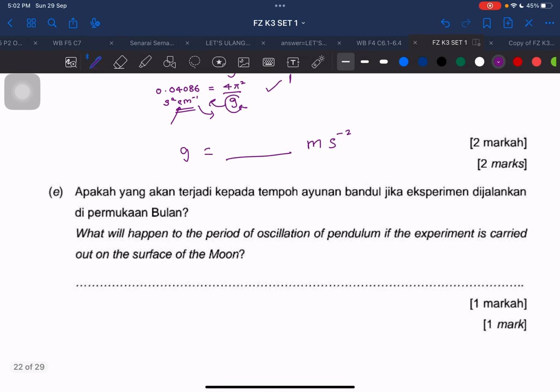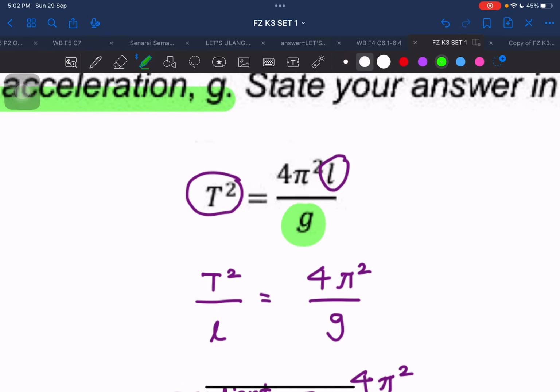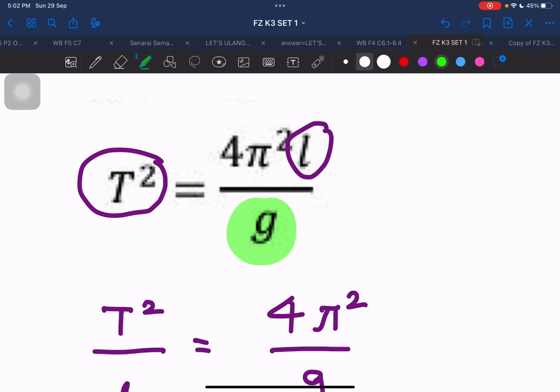Alright, next question. This is the last question. What happens to the period of oscillation of the pendulum if the experiment is carried out on the surface of the moon? For this question, you can use this formula to predict. Normally there is a prediction question like this.